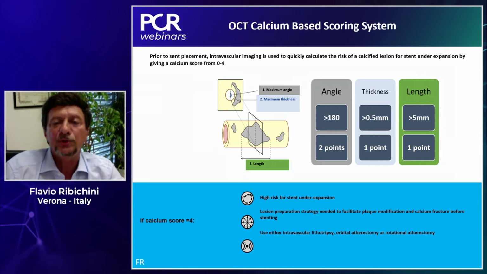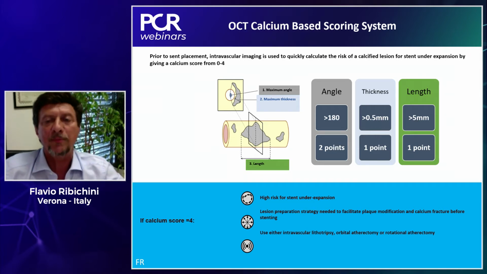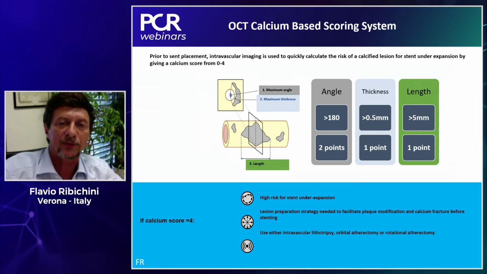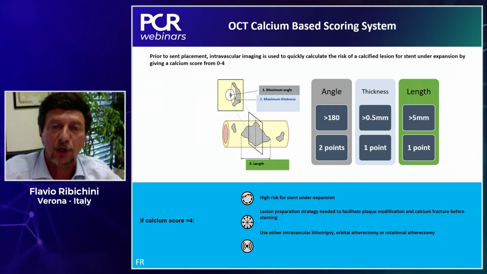We have two different scoring systems, one based on OCT and one based on IVUS. I personally prefer IVUS because you don't give contrast media, which is a poison, okay? Especially in an 85-year-old male.